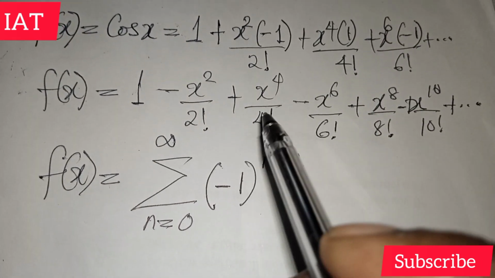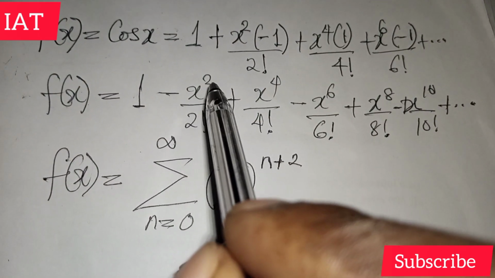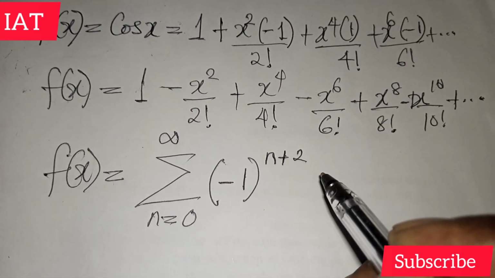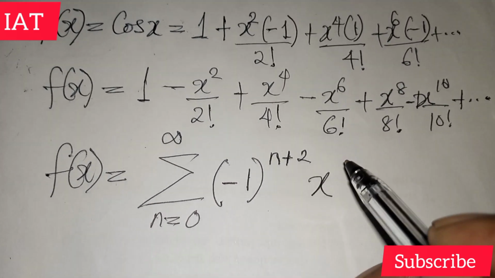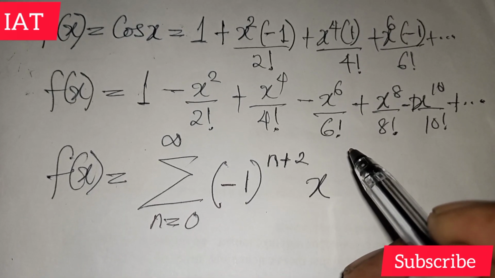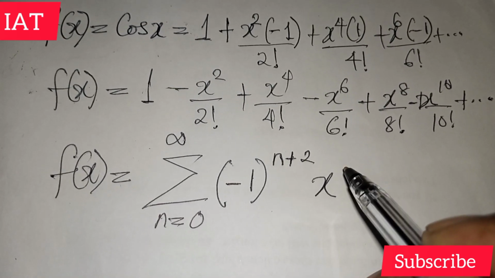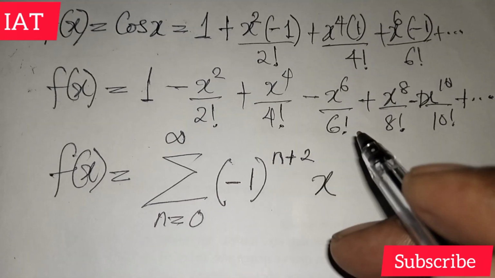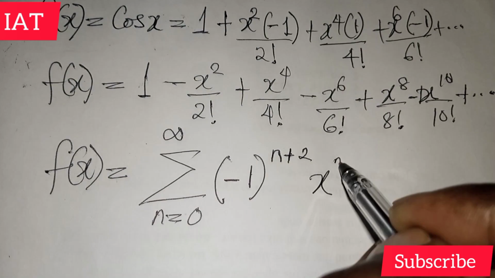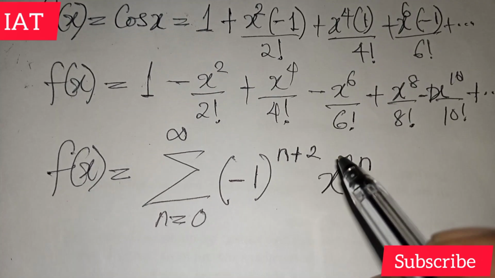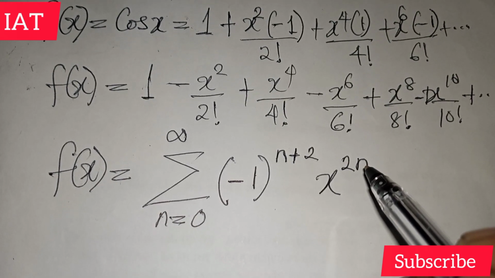Again, checking for the exponent where you have 2, 4, 6, 8, you need to choose x to the power of, if you use n, when you choose the value for the first term, let's say 1, when n is equal to 1, you have x to the power of 1. And we don't have such a term here, so you need to use x to the power of 2n, because 2 times 1 gives us 2.